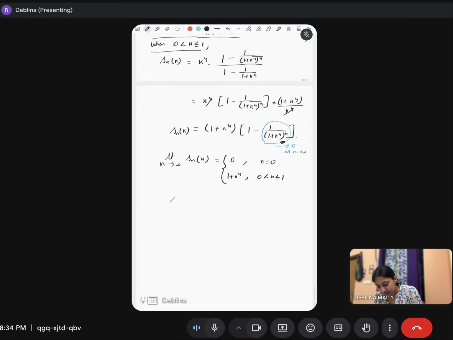So S(x), we defined S(x) to be 0 when x equals 0, and 1 plus x to the power 4 when x is non-zero.